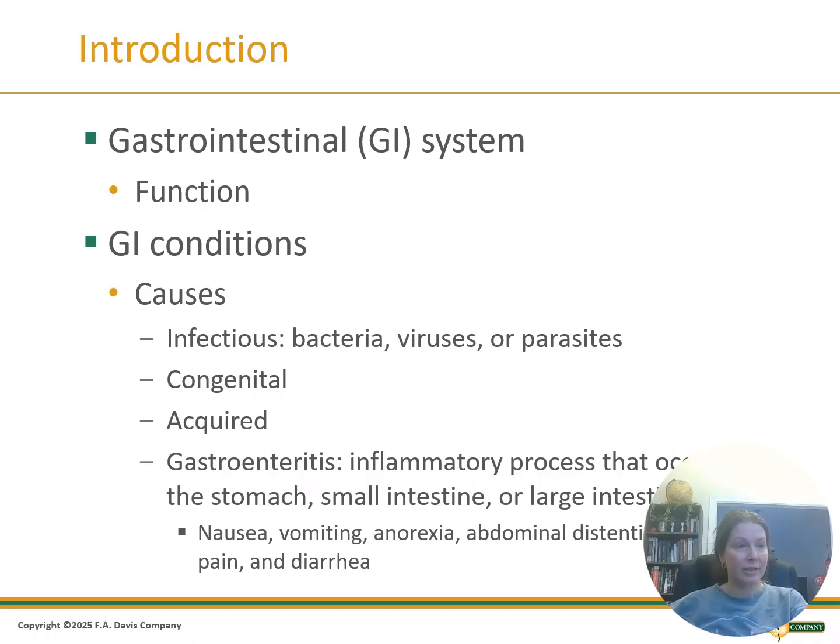Common manifestations of gastroenteritis are going to be nausea and vomiting, anorexia, abdominal distension, abdominal pain, and diarrhea. Children are particularly vulnerable to dehydration due to their smaller fluid reserves, their higher metabolic demands, and their limited ability to communicate their symptoms.